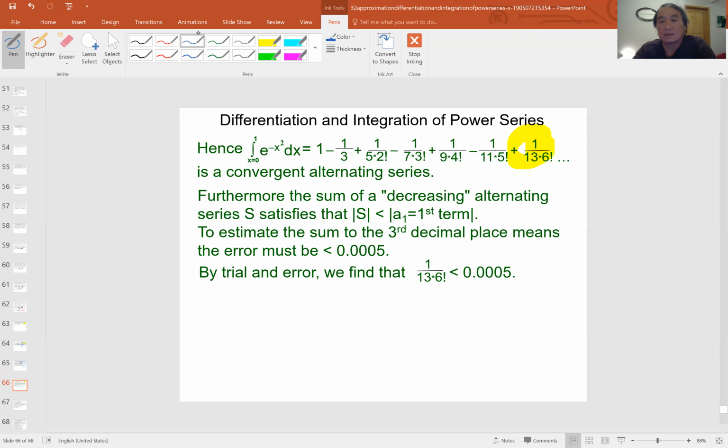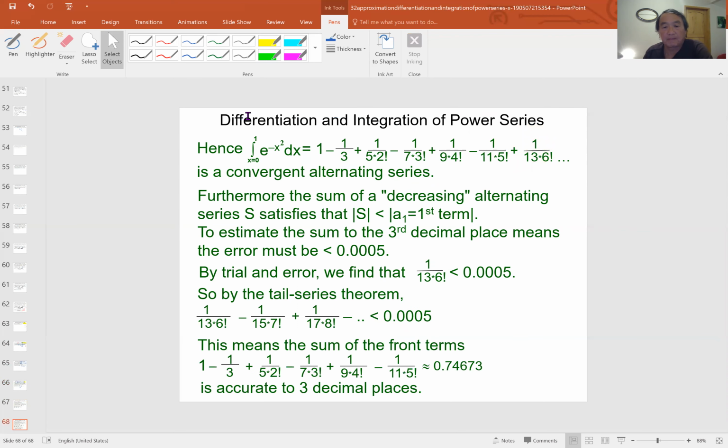Hence, we can add up the terms before it, and that will give you the definite integral accurate to 3 decimal places. This is how we use the remainder theorems to nail down how many degrees of the polynomial are needed to achieve the prescribed accuracy. Okay, bye-bye.